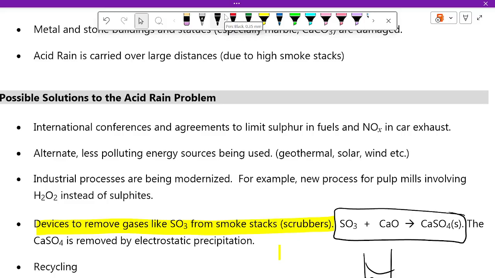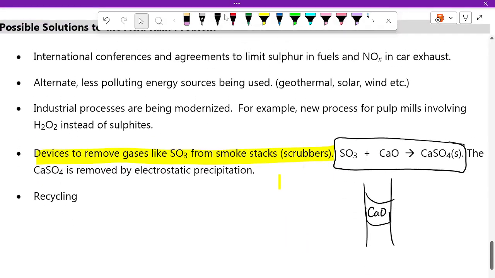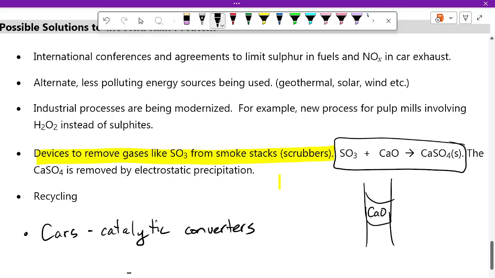Industrial processes being modernized, so pulp mills use hydrogen peroxide instead of sulfites. And there is recycling, and in cars, catalytic converters limit the amount of NO2 produced.